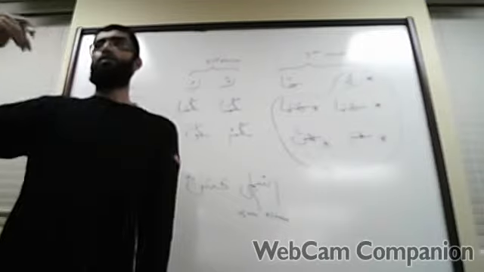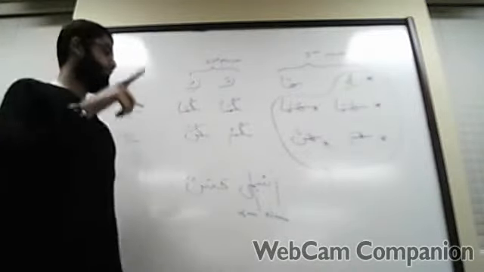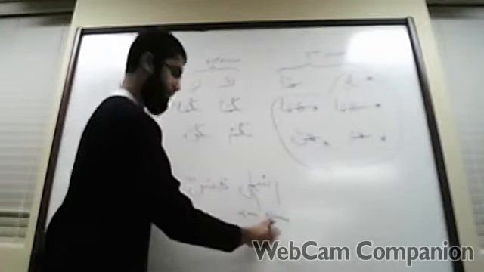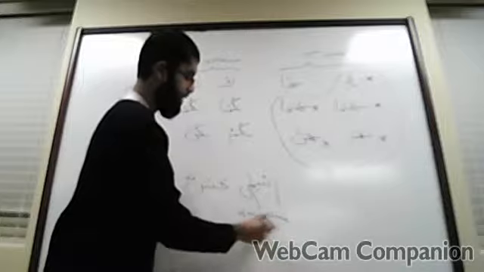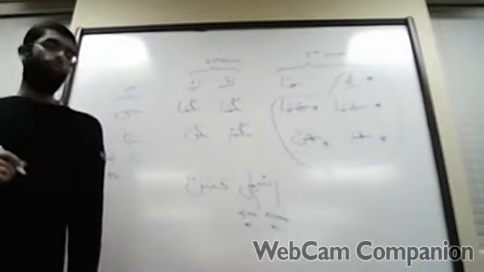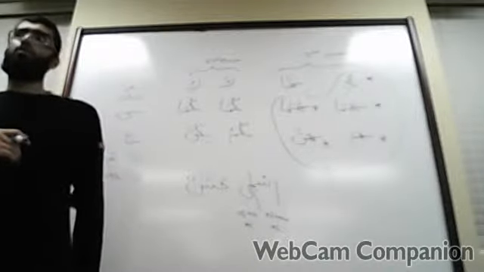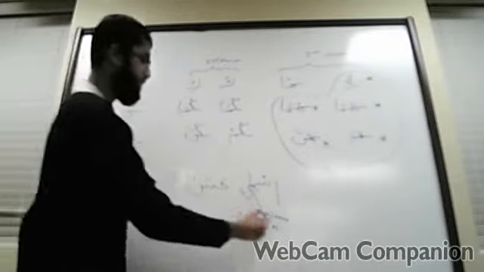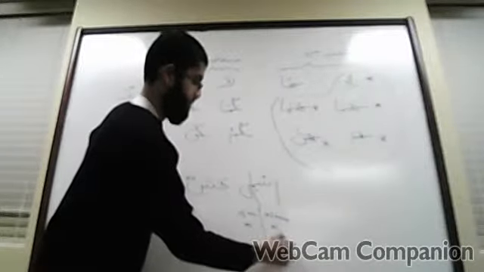Is it a zarf? Is it a mudaf ilayhi? Where's my mudaf? Ism, right? Ism is my mudaf. I'm just going to abbreviate it M. And E is my mudaf ilayhi. And where is my mubtada? Where's my subject? Just the ism is the mubtada. Name. Yes.